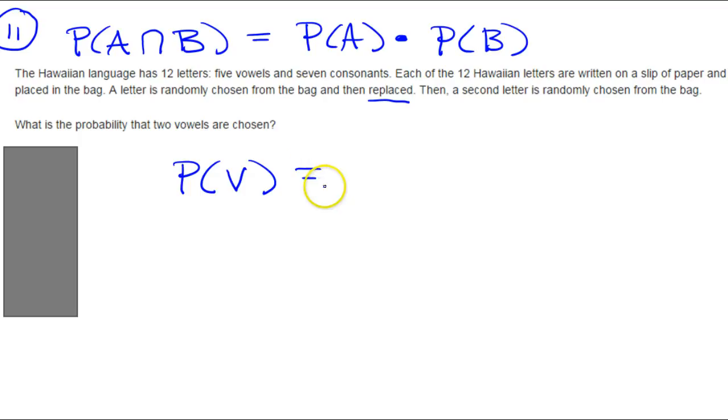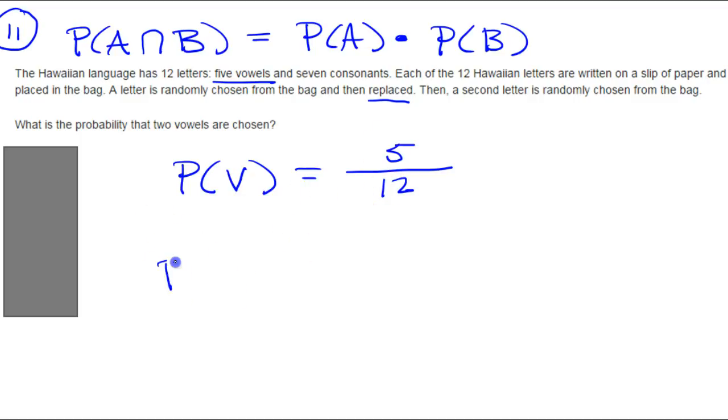Let's figure out what the probability of choosing a vowel is first of all. There are 12 letters total. And how many vowels are there? There are 5 vowels. So the probability of choosing a vowel is 5 out of 12. All right, keep that in mind.